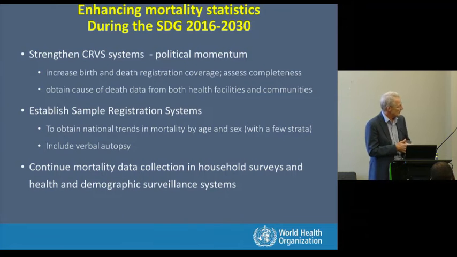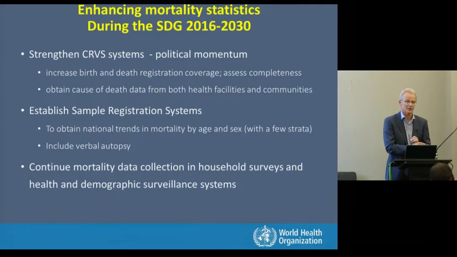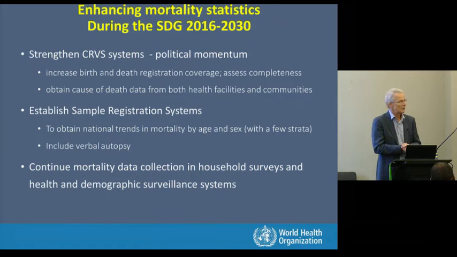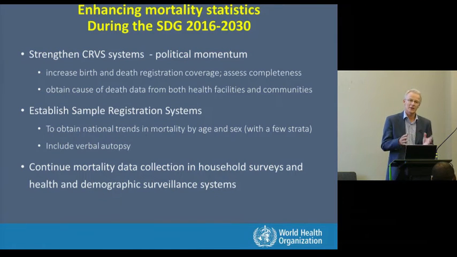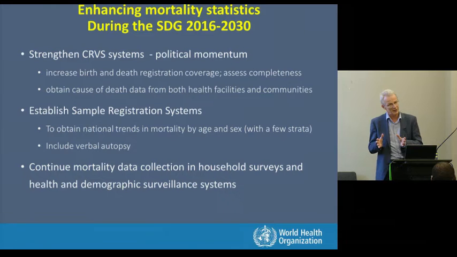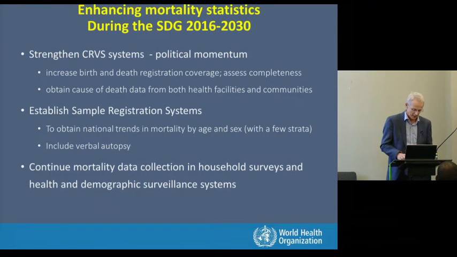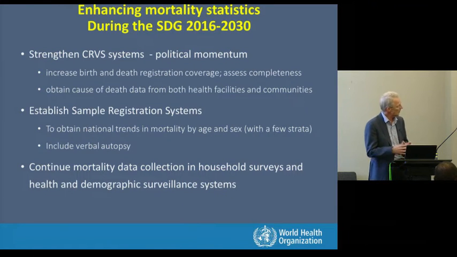So, in summary, enhancing mortality statistics during the SDG era means strengthening the civil registration and vital statistics systems. There's good political momentum for increasing birth and death registration. Unfortunately, I think there was a bit more momentum a few years ago, and I hope that the SDGs are going to get that momentum up again.